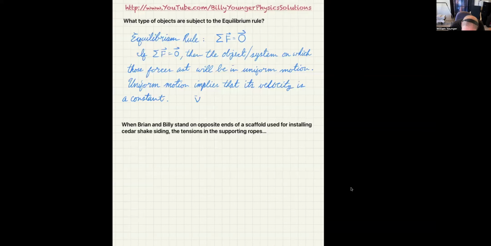So v equals a constant vector, which is called dynamic equilibrium, unless v equals zero. If v equals zero, then it's in static equilibrium. That's what your textbook author is calling this.